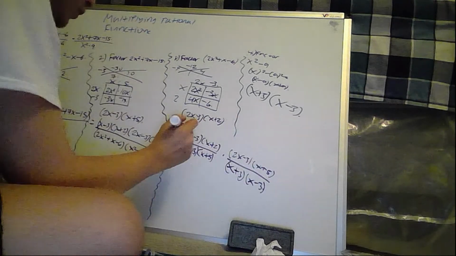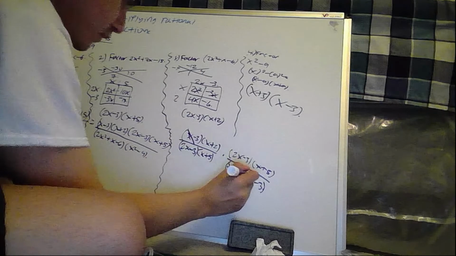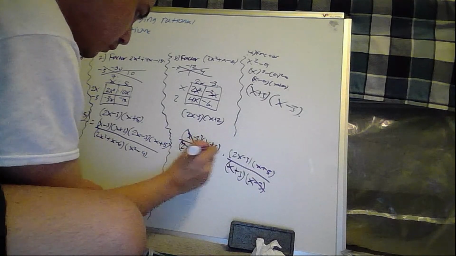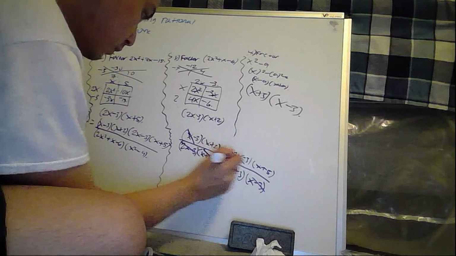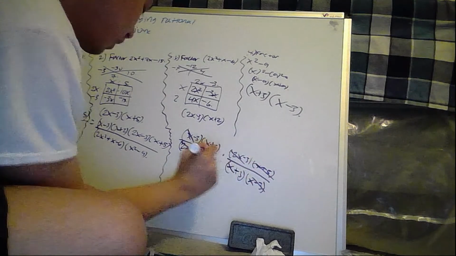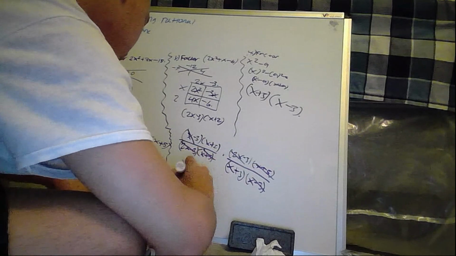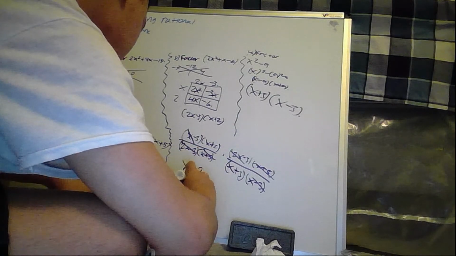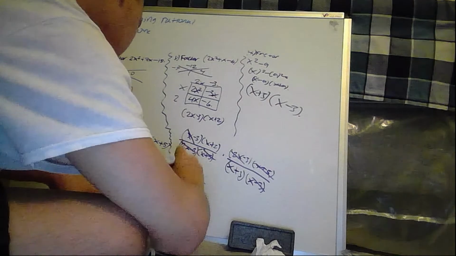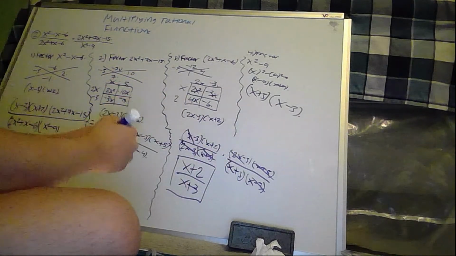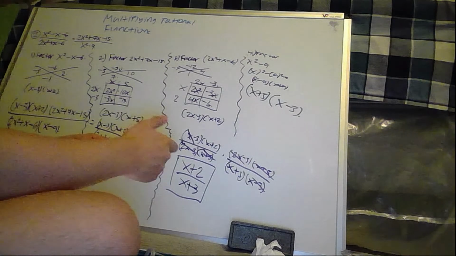We cancel these out, we cancel these out, and we're left with x plus 2 over x plus 3. That's our final answer for that one.